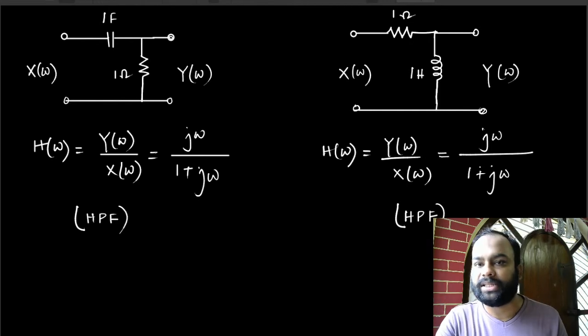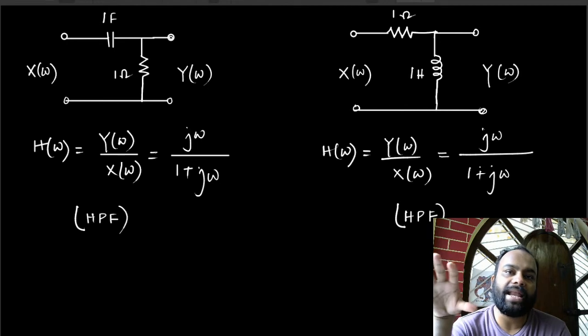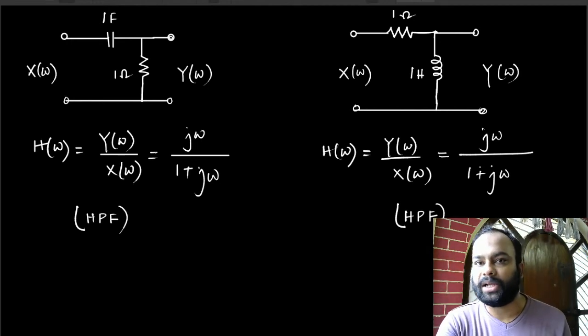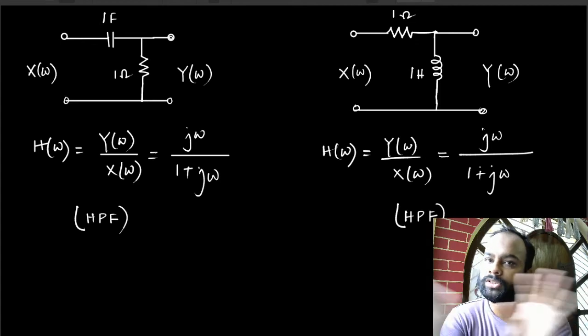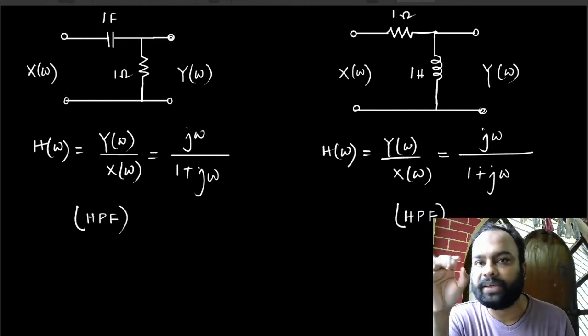But the internals are not the same. My question to you now is, is there any difference between these two circuits apart from the mathematical perspective? As far as the mathematics of signal processing goes, these two circuits are identical. But from an electrical engineering perspective, is there any difference?